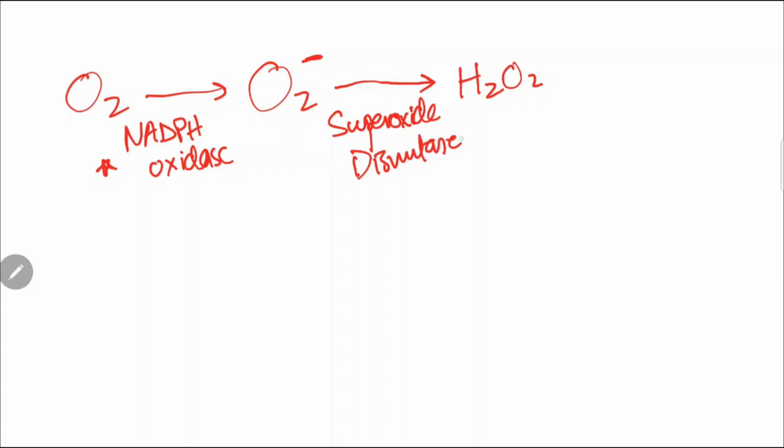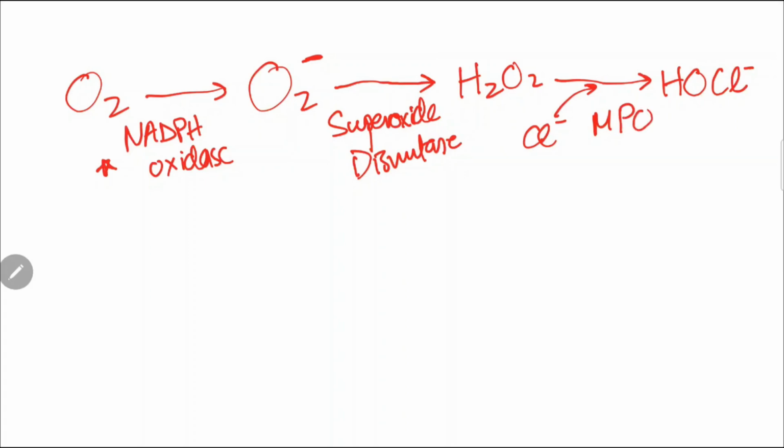All right, and then hydrogen peroxide is taken and converted into what is known as hypochlorous acid, or HOCl, right? And this is done by the addition of chlorine, and this is done by the enzyme known as myeloperoxidase, or MPO.